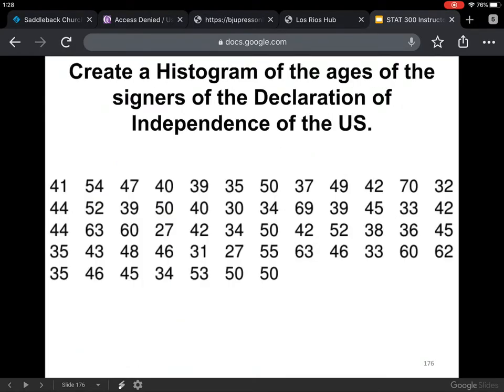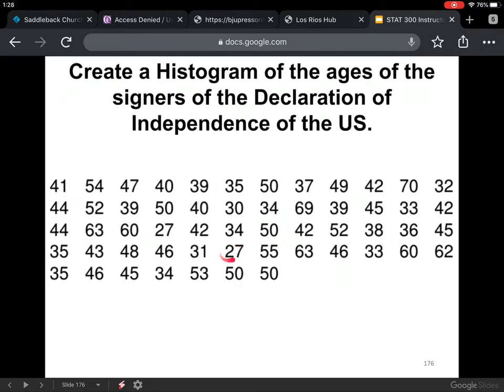So here is a chance for you guys to practice. Pause the video and create a histogram of the ages of the signers of the Declaration of Independence of the U.S. So please note just a couple of things. There are several 27-year-olds that signed the Declaration of Independence. I don't know how old you are, but just think about this.